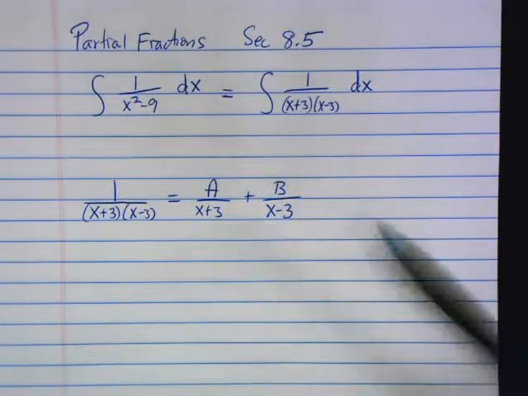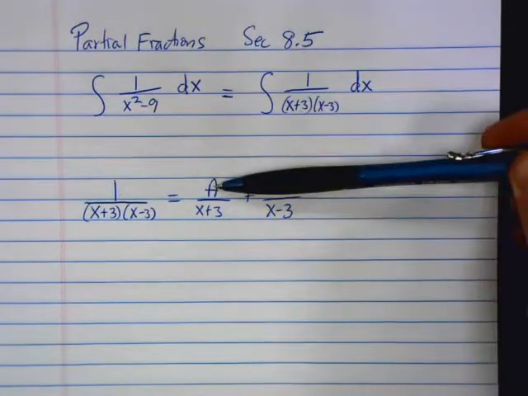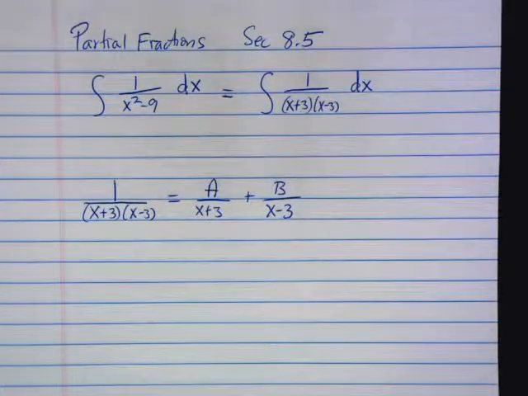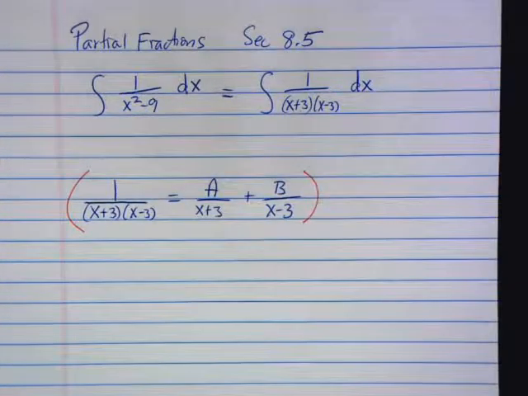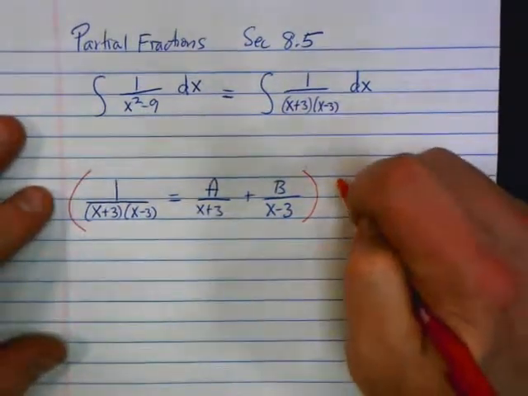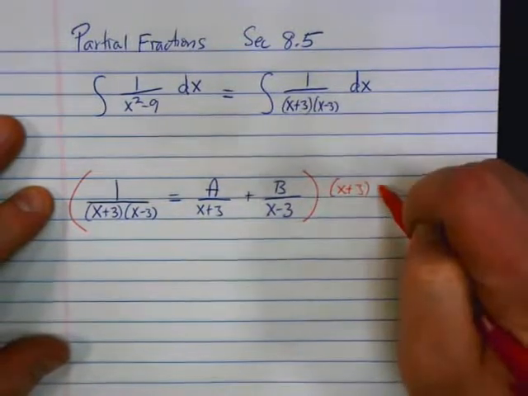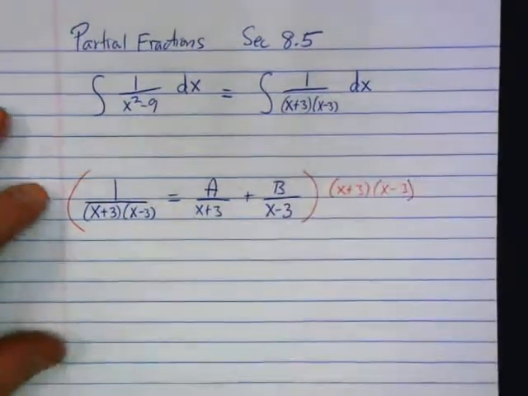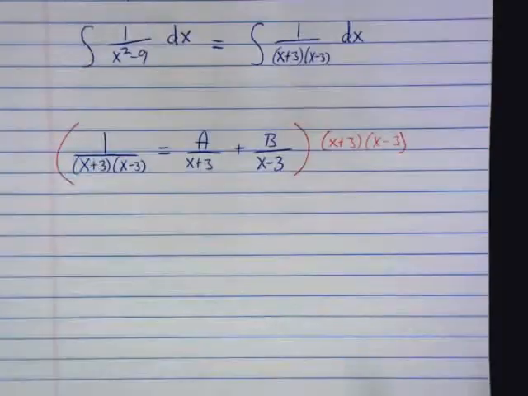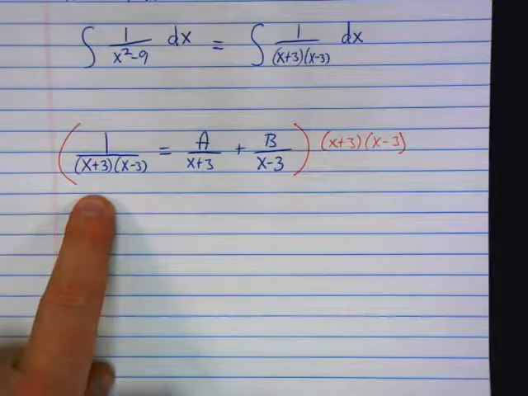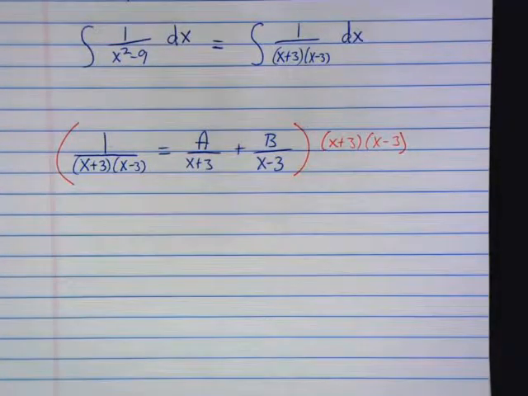Now, the hard question is, what's the number for A and what's the number for B? Here's what you do. You take this equation and you clear the fractions. I'm going to multiply everything by x plus 3 times x minus 3. What happens on the left-hand side when I take 1 over x plus 3 times x minus 3 and multiply it by x plus 3 times x minus 3?